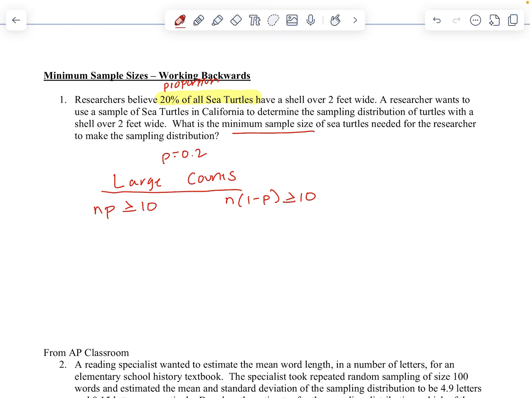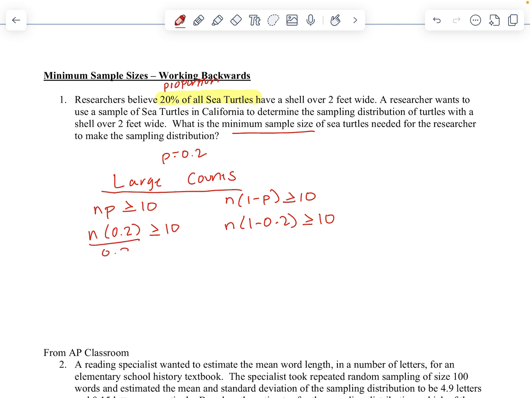So in this case, I'm going to say our true proportion is 0.2. And so I can find out what we need for both of these conditions to be met. So remember that both of these conditions need to be met in order for us to be able to proceed. So I want to check for both.